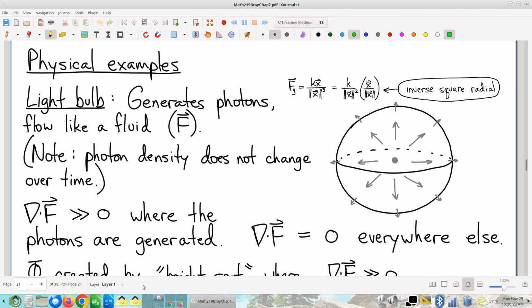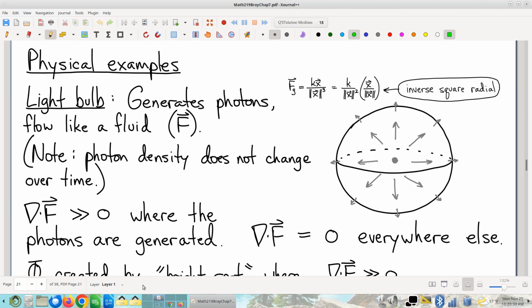Just picking up where we were last time, we were talking about light bulbs. I think these are lovely physical examples for what divergence looks like and what the divergence theorem does for us.